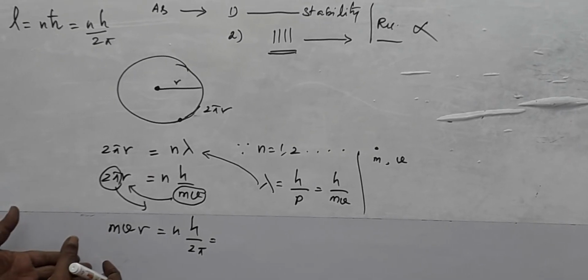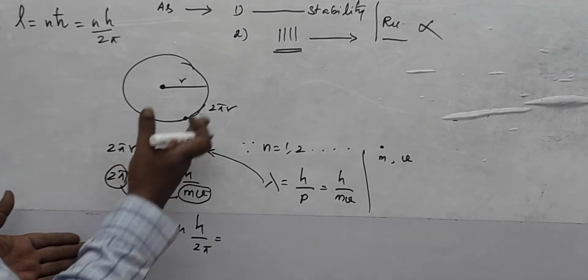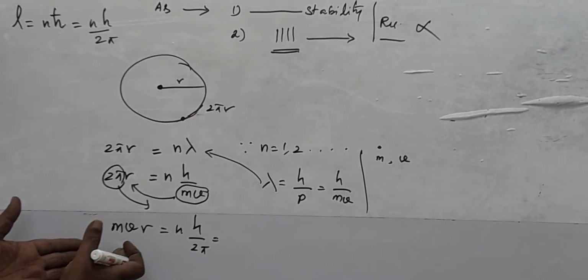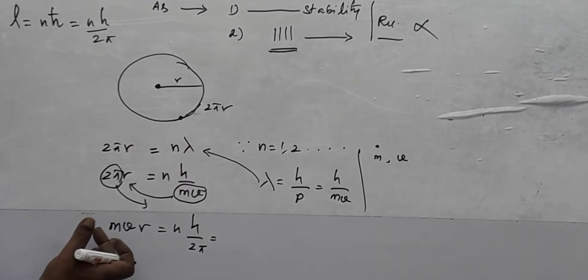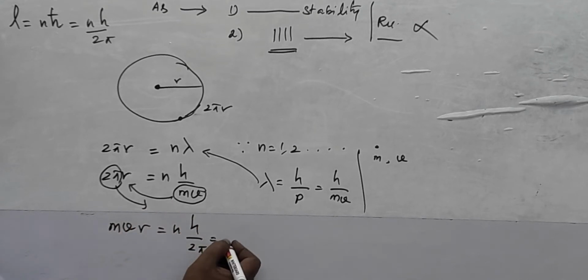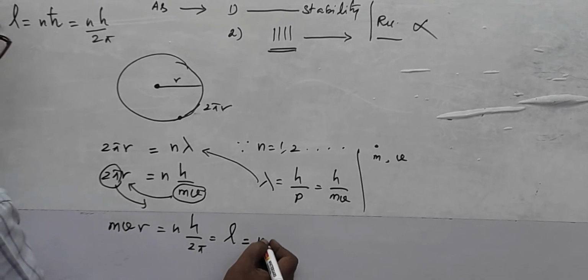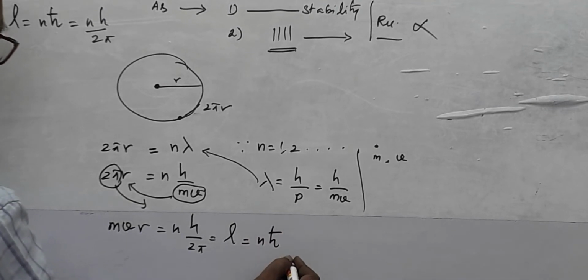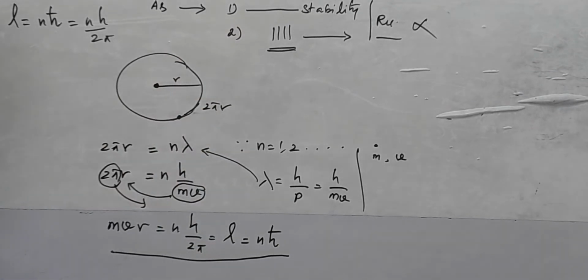Whereas here, as per the circumference of the path of the electron being multiple values of lambda, we are obtaining this equation m v r equal to n h by 2 pi. It is nothing but angular momentum L equal to n h bar. This is a famous, important equation that he suggested to explain the line spectra.